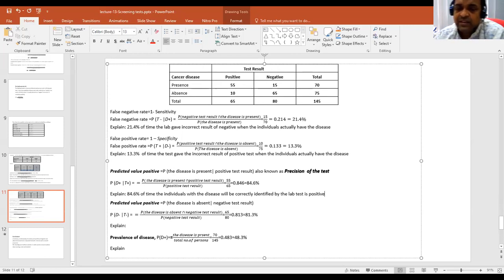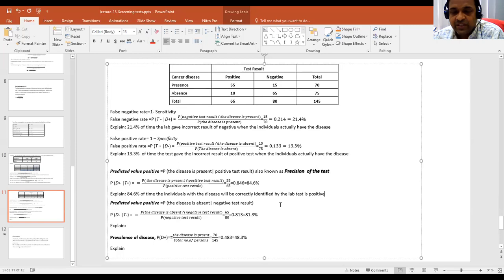So what can we say? 84.6% of the time, an individual who has the disease will be correctly identified by the lab. This is called the predictive value positive, or as we learned, it is nothing but the precision. This is also called the precision of the test. If the question asks to find the precision of the test, you have to find the predictive value positive. That is the probability that somebody actually has the disease or condition and the lab test is also positive.